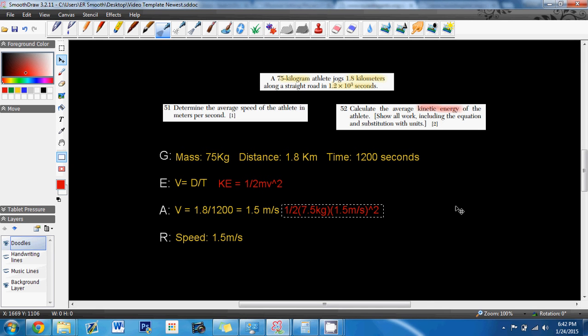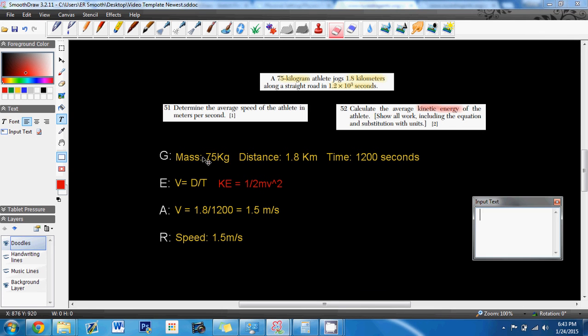Okay. So I have seen that I have made a mistake. I put that the mass is 7.5, which is incorrect. The mass is 75. So let's correct this. Sorry guys, I'm new at this. Alright.